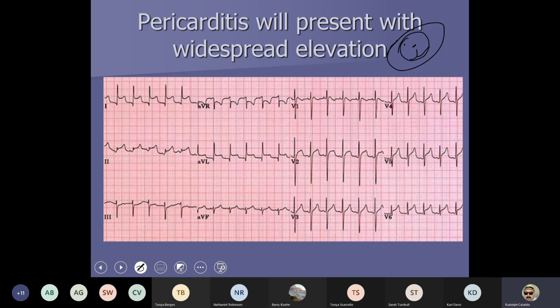Okay, so as this sac becomes inflamed, it becomes swollen. It pushes pressure on the heart. So the sac starts to shrink in on the heart. It now starts to push in on all the vessels of the heart, which kind of makes sense why we have elevation, because we have limited blood flow.